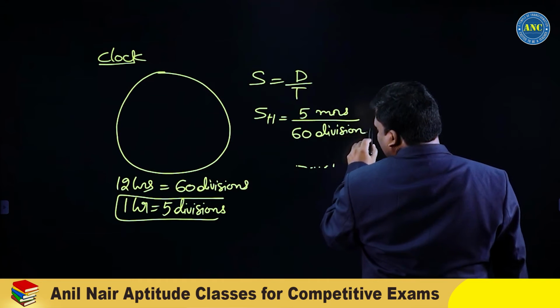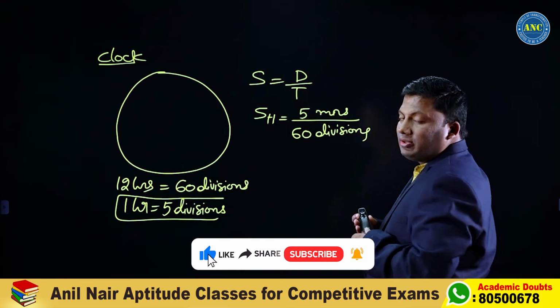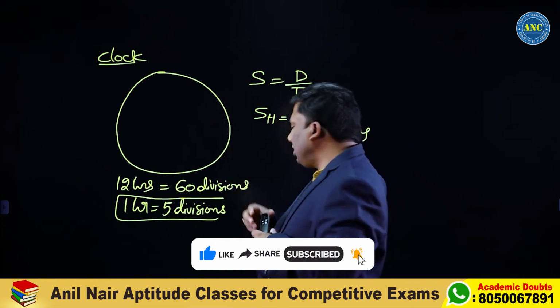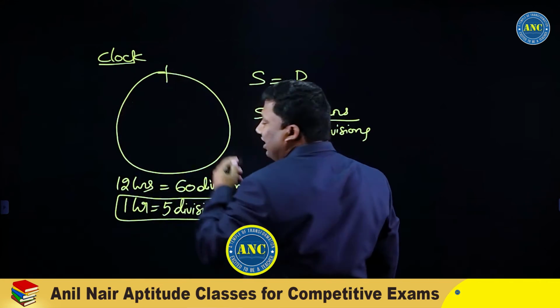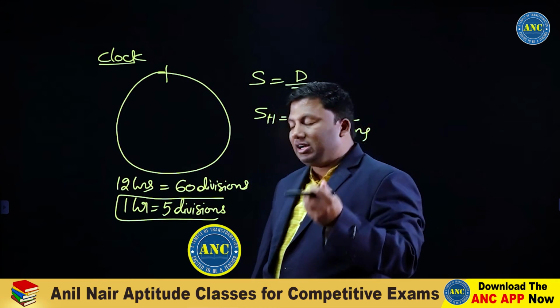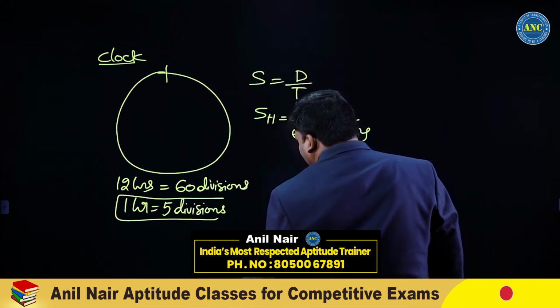From here, this is the starting point, and from here totally 60 divisions are there. If you see your watch, for every 1 hour, it will travel 5 divisions. I hope it is clear.